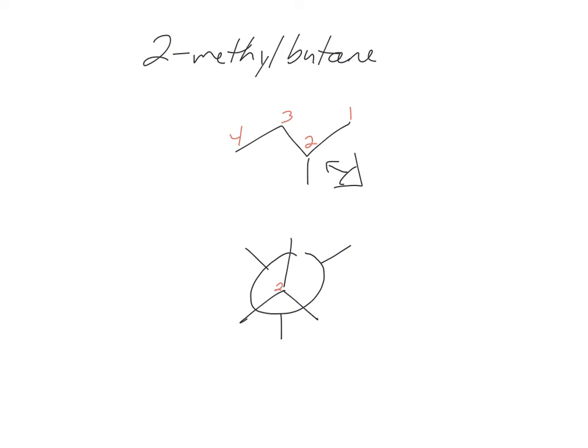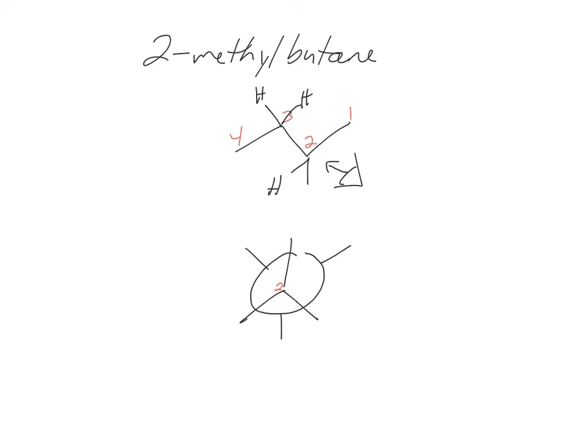A methyl and an H. We don't draw the H's in. Carbon 2 has an H on it. What about carbon 3? It has that carbon 4 and then 2 more H's. We just don't draw them in. So are they going to be important for this? For sure. So this one's really just kind of easy.